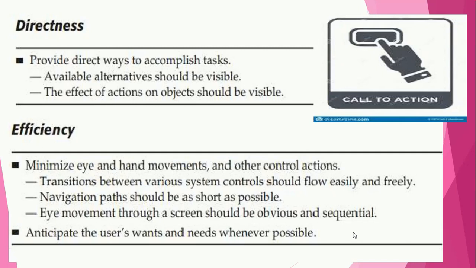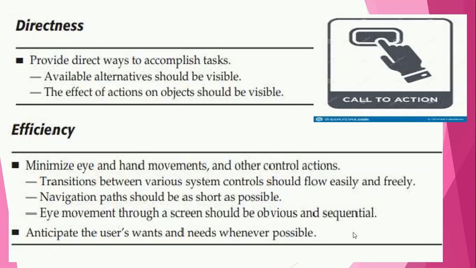Directness can also be provided by an object action sequence of direct manipulation systems. So already you know what a direct manipulation system is. Suppose you are using an Android phone. It's a kind of direct manipulation system. Why? Because you can easily zoom in or zoom out the particular objects on the screen.